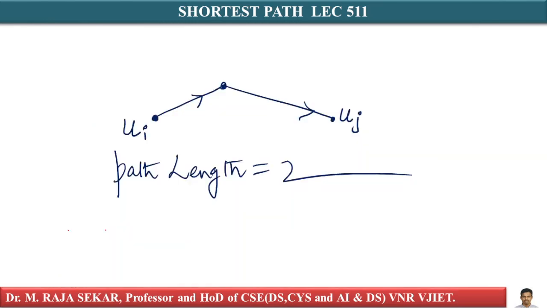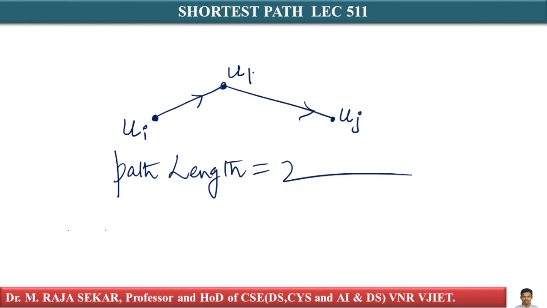Let me assume ui and uj are two vertices such that there is a path like this. Let me say ui is one vertex and uj is another vertex. Let me say ui is following u1, and u1 is following uj, isn't it?